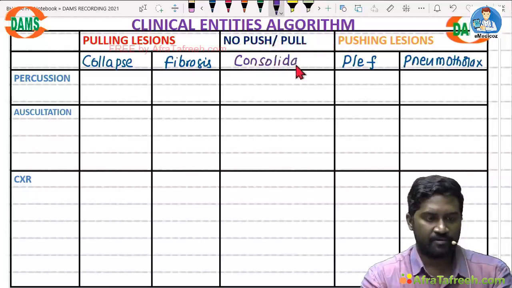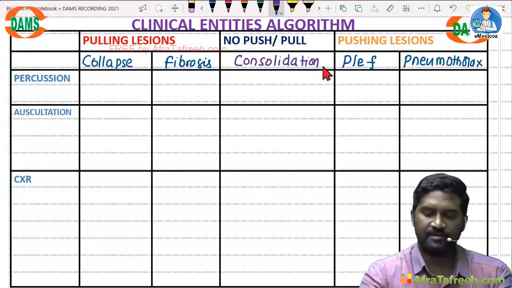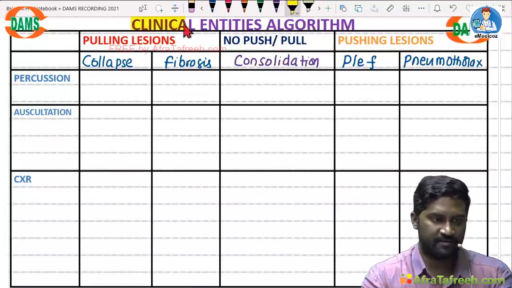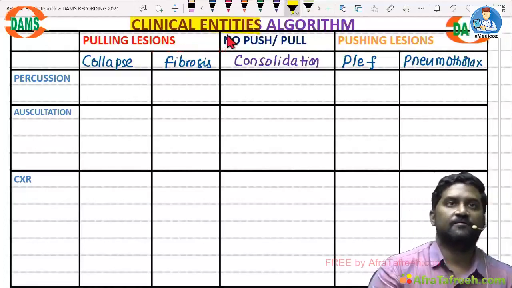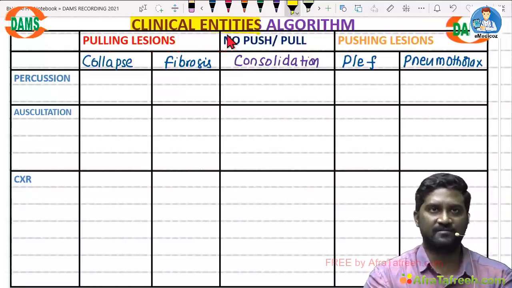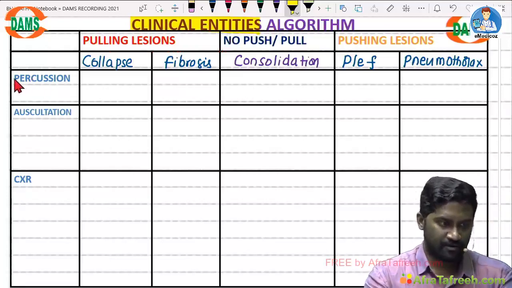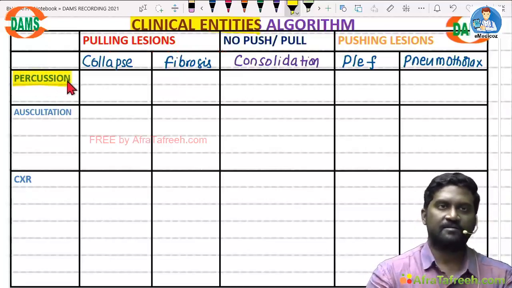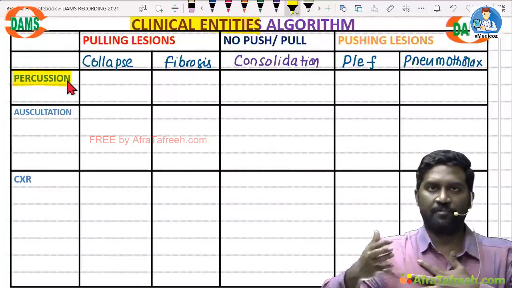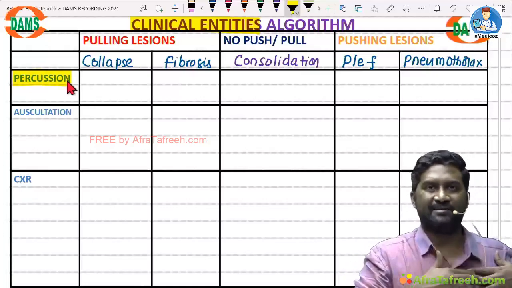Now I am going to differentiate these clinical entities with the help of percussion, auscultation, and chest X-ray findings. Now coming to percussion, let us see what is normal percussion. If I percuss on my healthy lung, you get a resonant note.